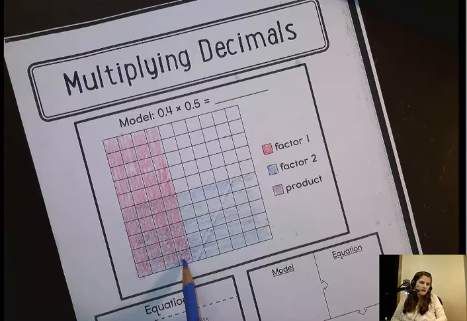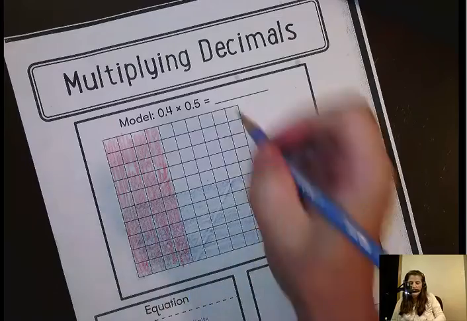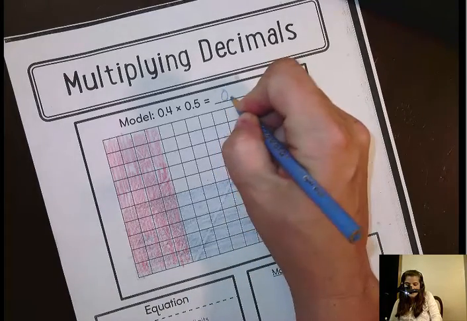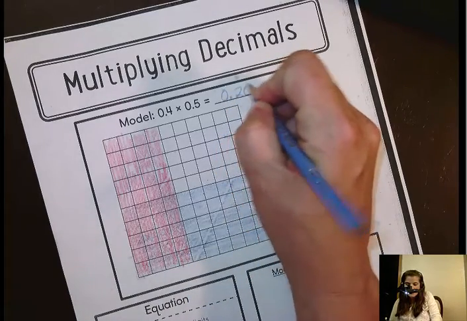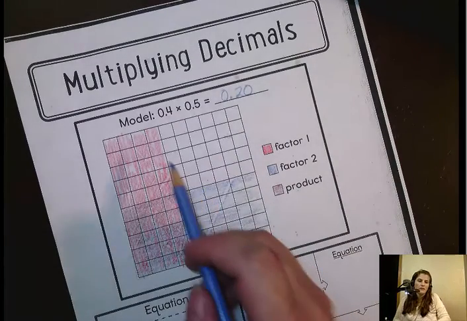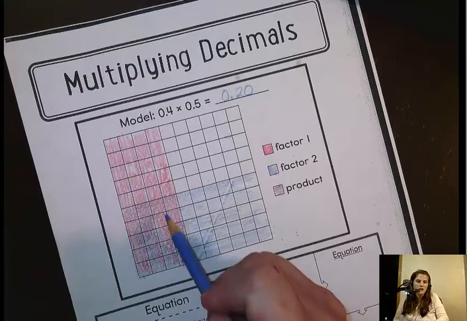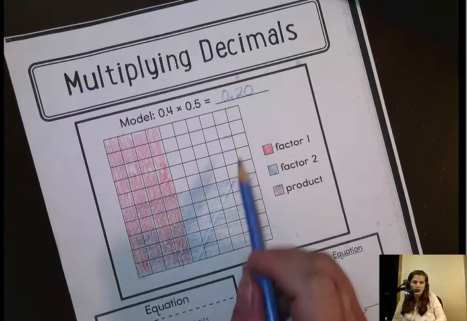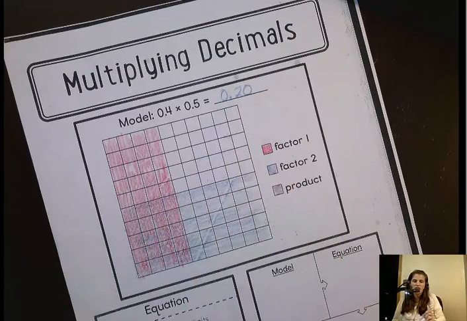Now there are 20 little boxes, and these little boxes are hundredths. So our answer to 4/10 times 5/10 is 20 hundredths. So I'm going to go ahead and write that in. Okay. So anytime that you multiply tenths times tenths, you get hundredths as the answer.